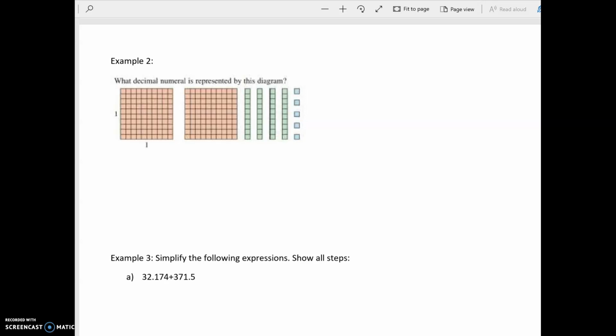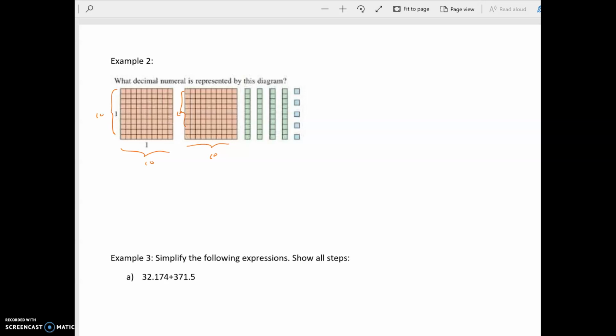Notice that this one, and let me count it just to double check, 1, 2, 3, 4, 5, 6, 7, 8, 9, 10. So this is a 10 by 10 grid. And let me count this one. It's supposed to also be a 10. So 1, 2, 3, 4, 5, 6, 7, 8, 9, 10. So that's a 10 by 10.